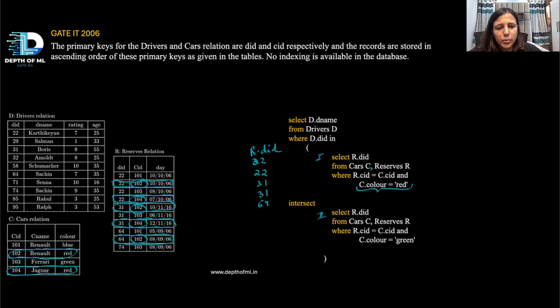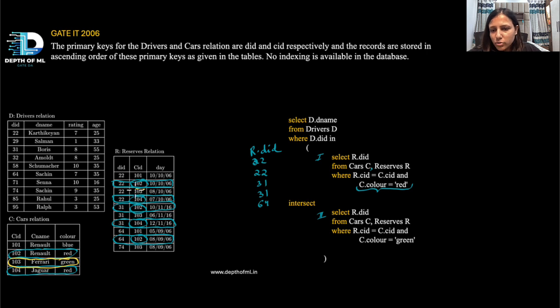Now let's do the second query. The second query is r.did such that the color of the car should be green. It means we have to look for this Ferrari car which is of CID 103. So we have to find all the rows in the reserves table such that the CID equals 103, and pick the DIDs.